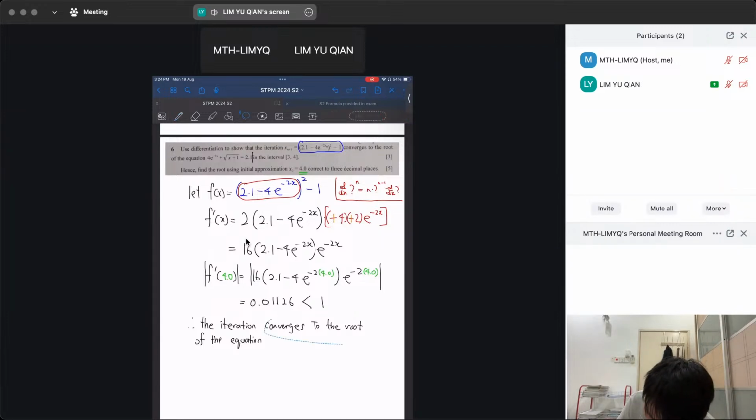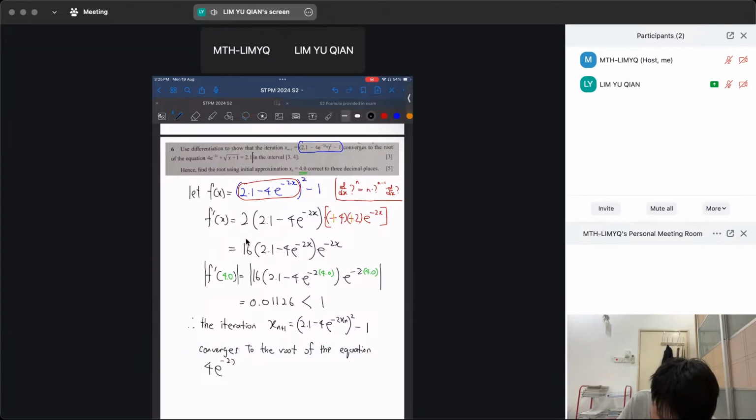You must tell the iteration is using what formula? x(n+1) equal to 2.1 minus 4e negative 2xn, square, minus 1, converges to the root of the equation 4e negative 2x plus square root x plus 1 equal to 2.1.